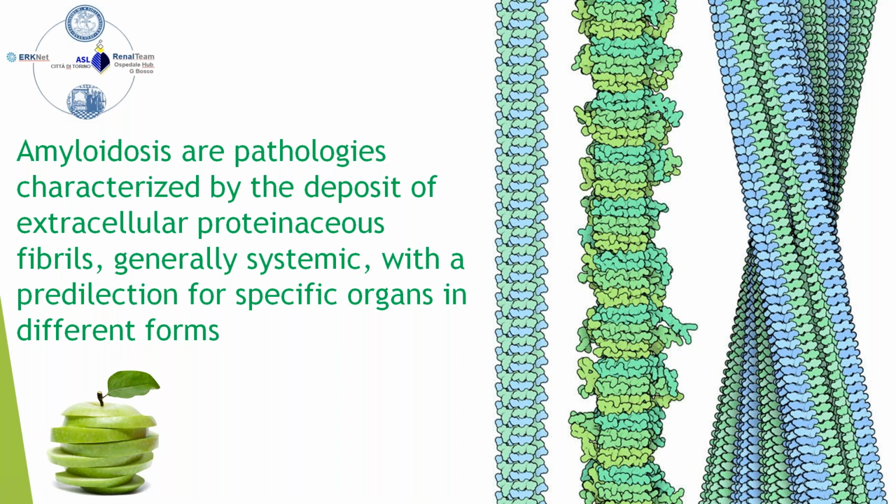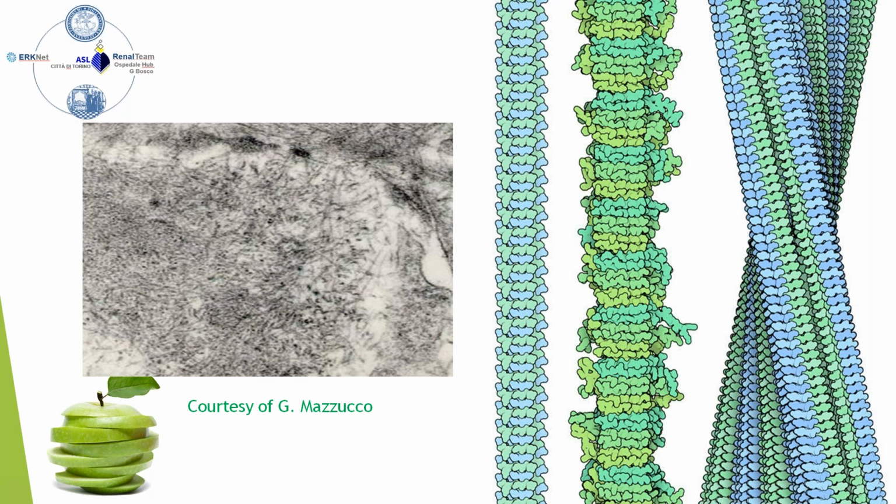And so we can observe different patterns that are quite typical for the different forms of amyloidosis. When we look at the amyloid fibrils under the electron microscope, they look like pine needles arranged irregularly on the ground.